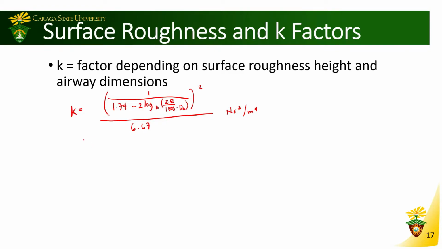Okay. K is the friction factor, in newton second squared per meter to the 4. E is the surface roughness, in meters.